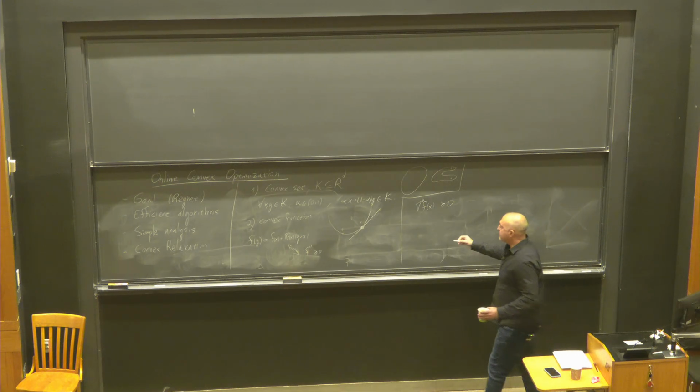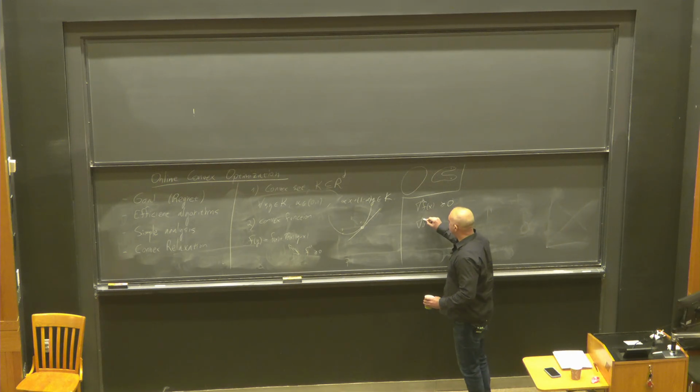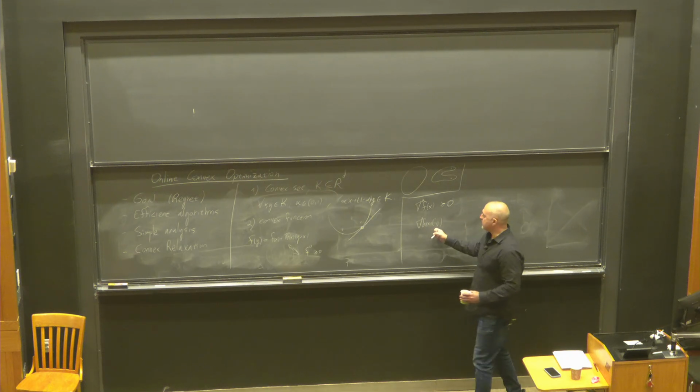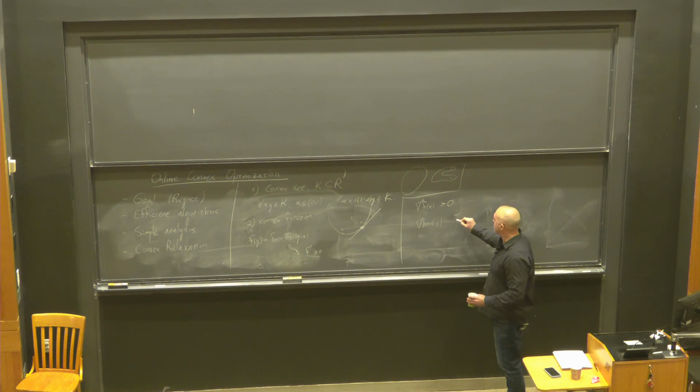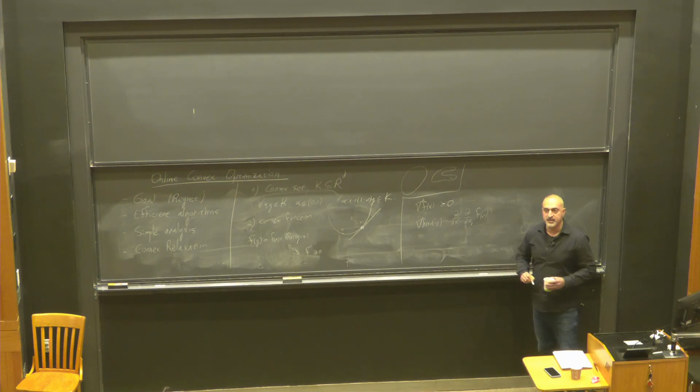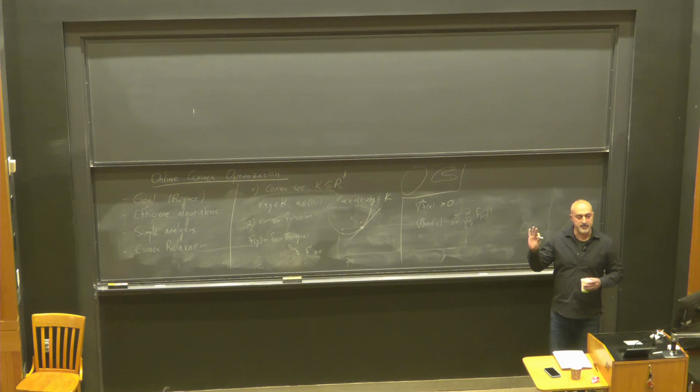The Hessian is defined so that the Hessian of f at x, entry ij, is the derivative with respect to xi times the derivative with respect to xj. It's a symmetric matrix because you can exchange the order of differentiation.